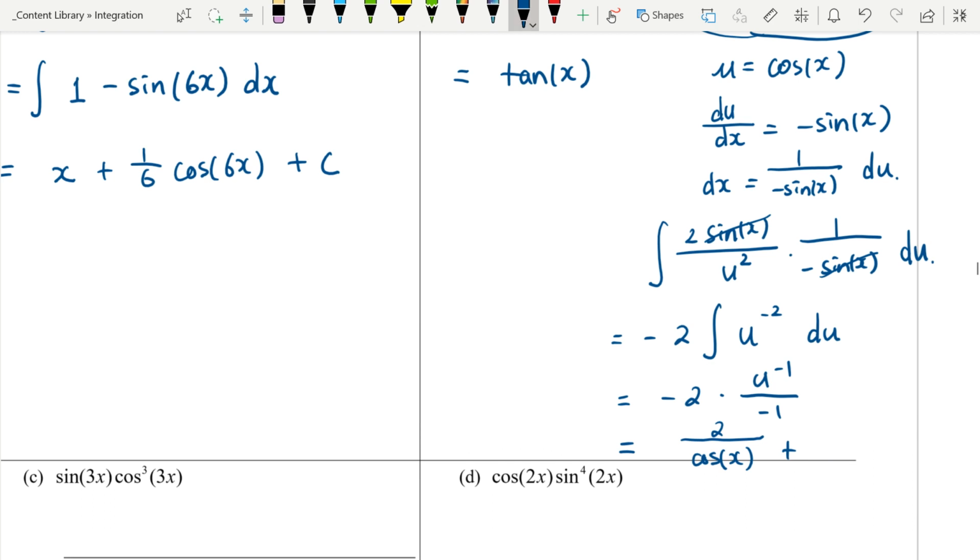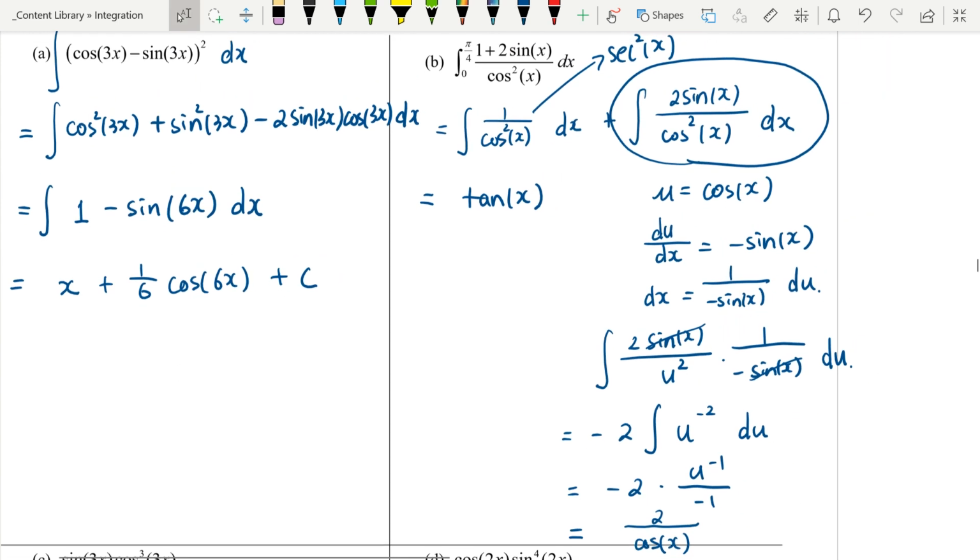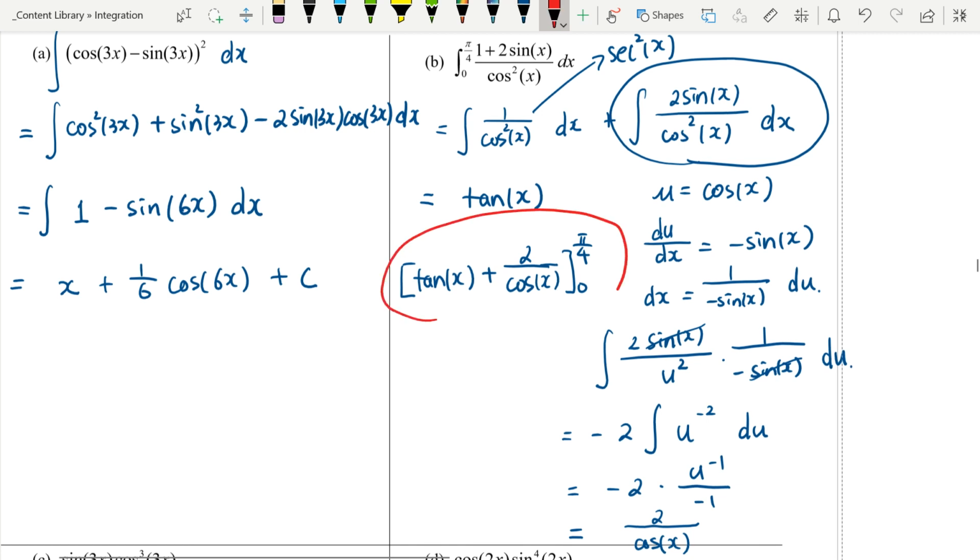We don't need the plus c here because we need to put in the lower limit and upper limit, like 0 to pi/4. And we can do substitutions after that.